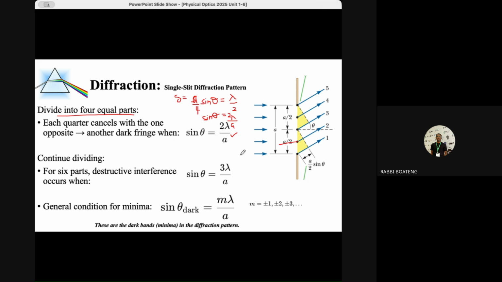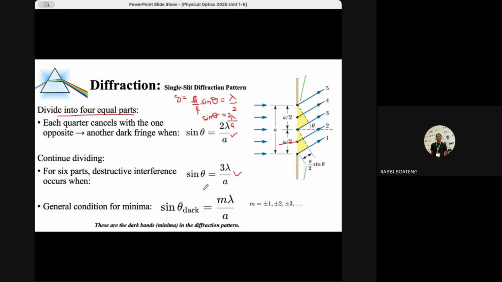Is that okay? So when we divide again, say we divide it by 6 equal parts, we should get an equation like this. We divide it by 8 equal parts, we should get 4 lambda divided by A sine theta.